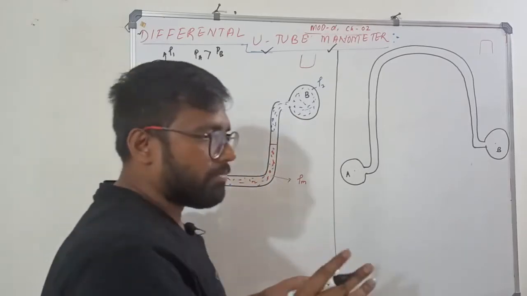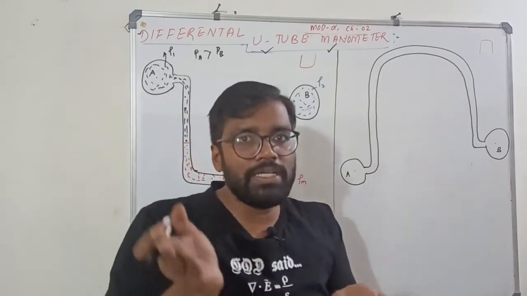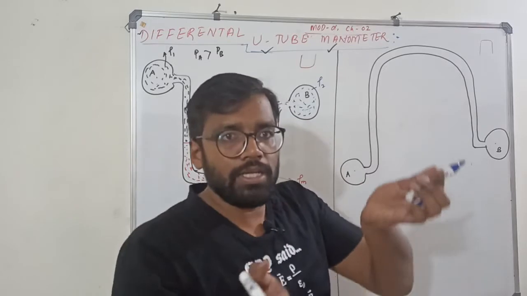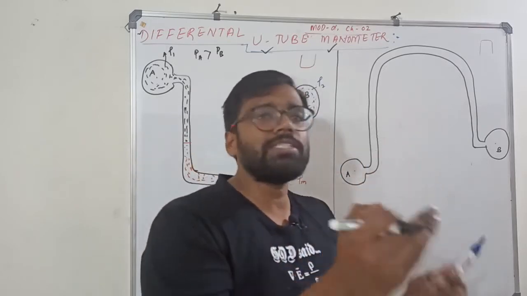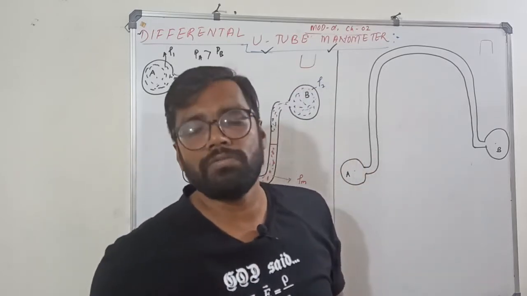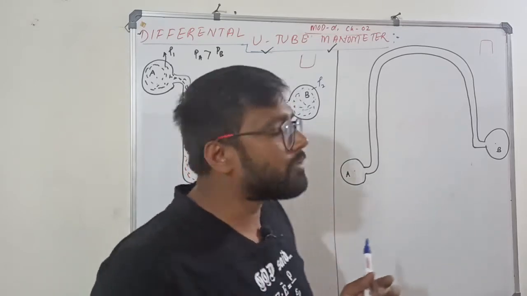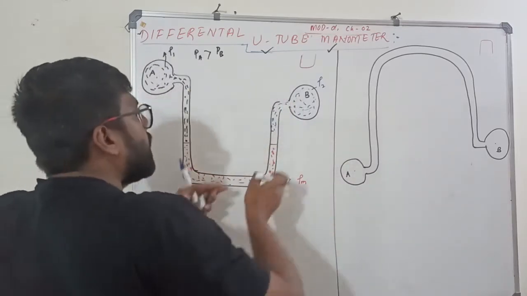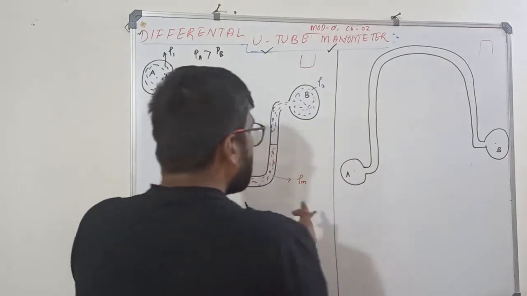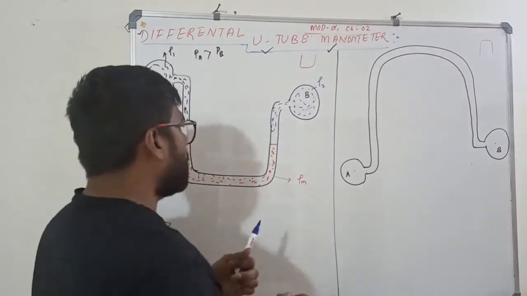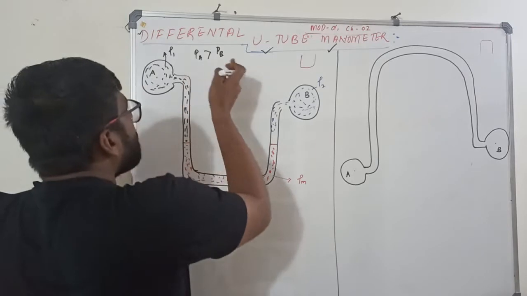So the manometric fluid will be rearranging. There will be a movement, and after some time equilibrium will be reached. Equilibrium reached means the pressure on the left hand limb and the pressure on the right hand limb will become equal. I have already assumed PA is greater than PB.